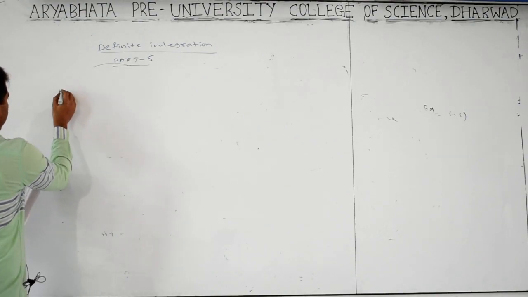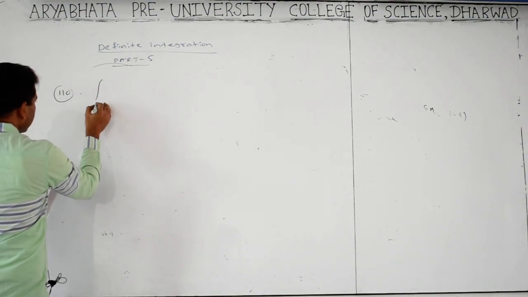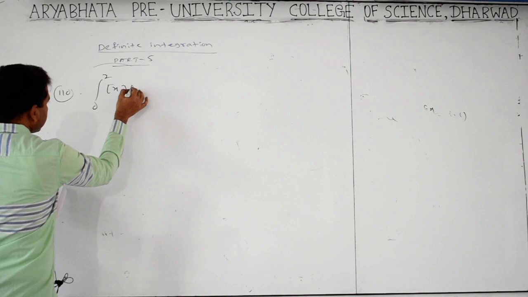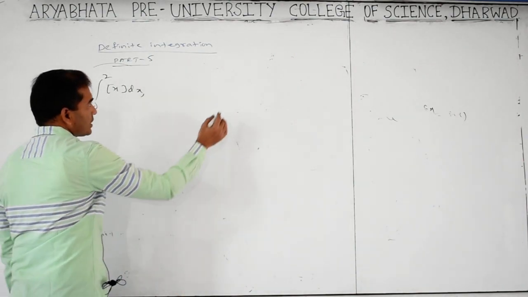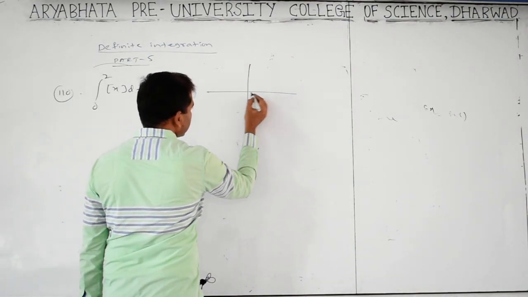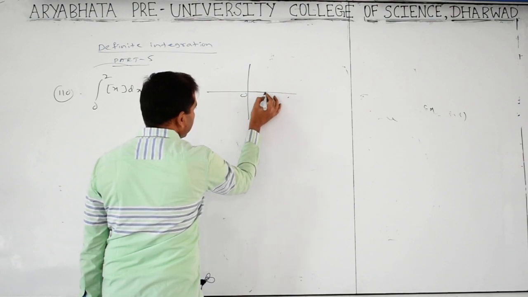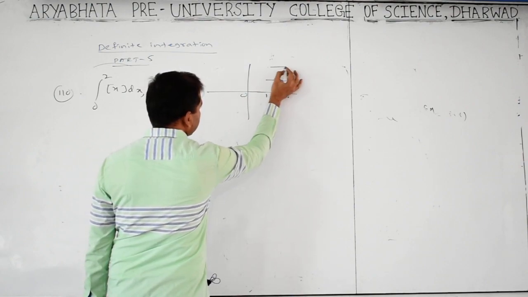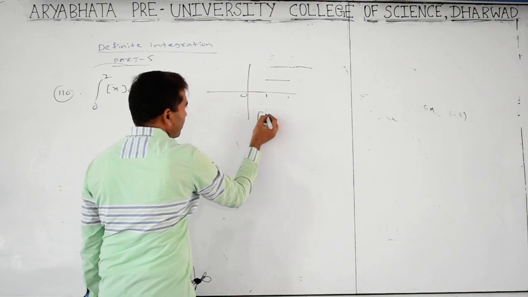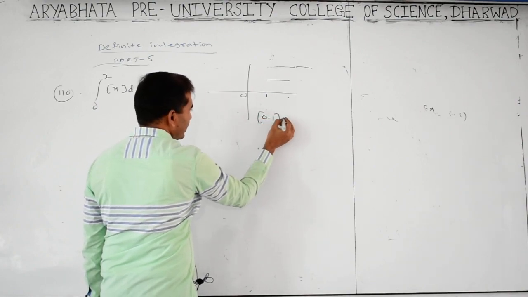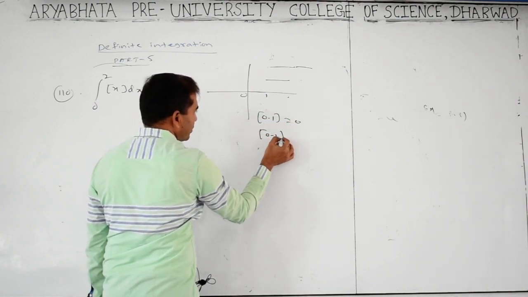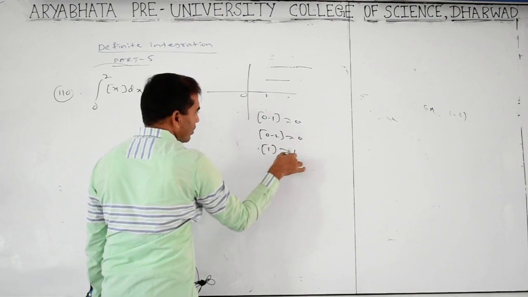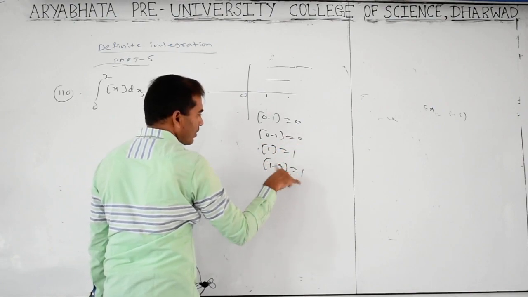Next, question 110: integration of 0 to 2 of step x dx. We have discussed step x in the class. The step function changes for every integer. Step of 0.1 is 0, step of 0.2 is 0, step of 1 is 1, step of 1.9 is 1, like this.